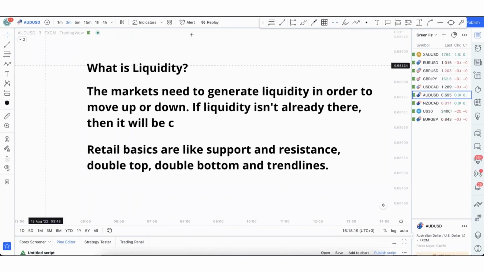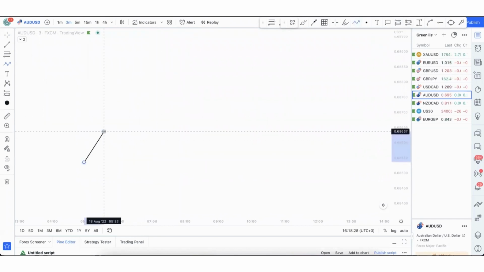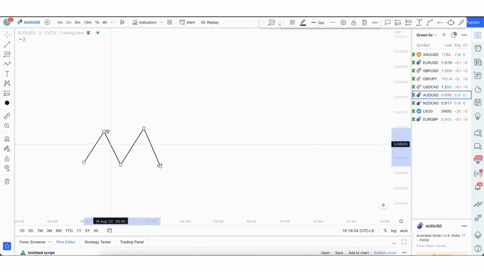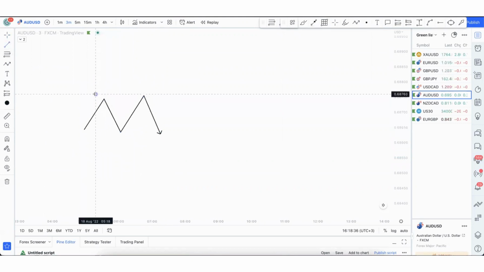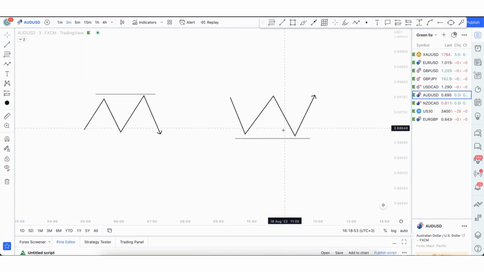So basically, the basics are like support and resistance, double top, like this one. Price has this structure, or a double bottom, this one, because traders believe that if the price goes into this zone, the price will go up.